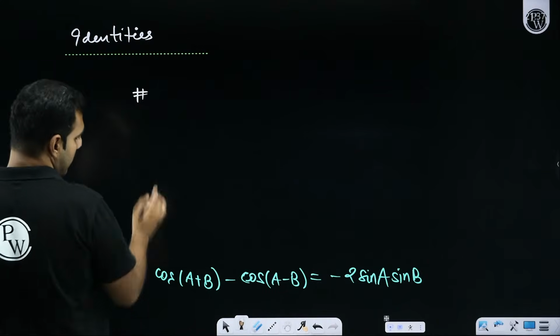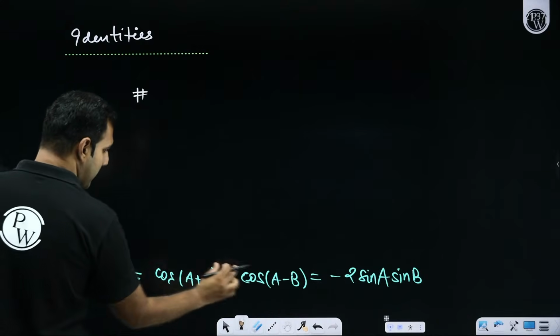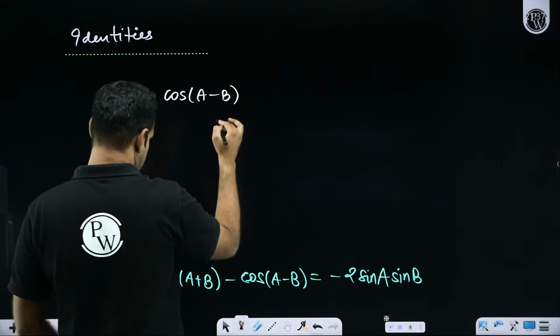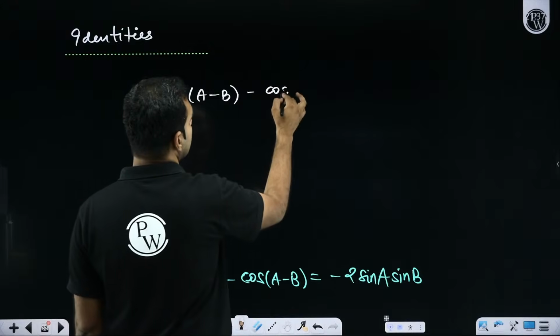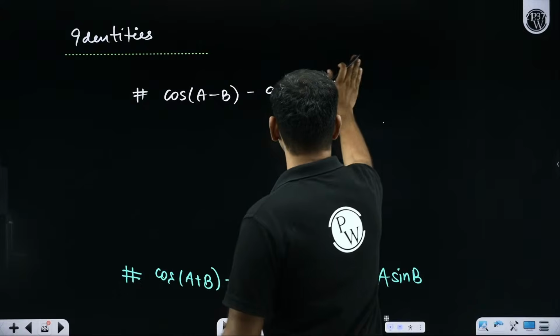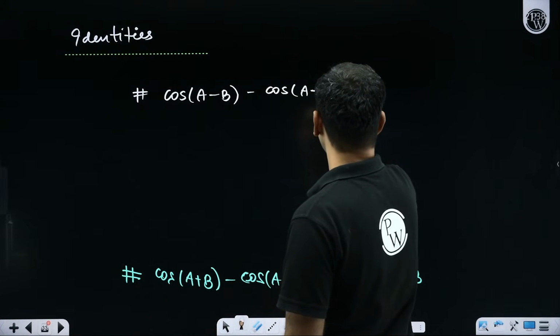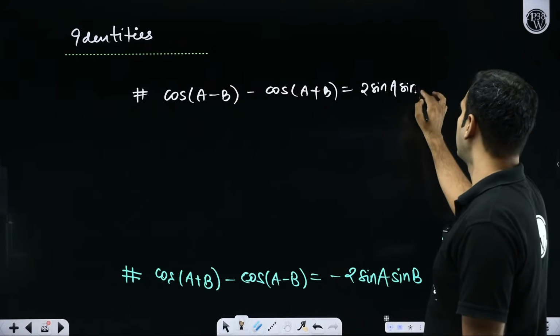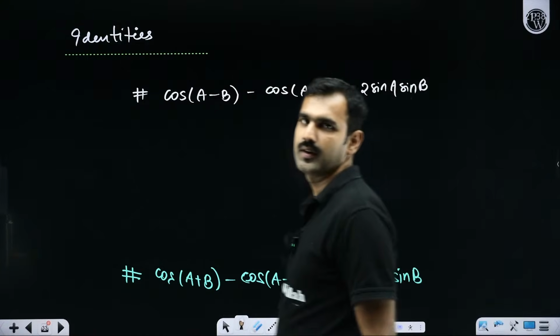The other way could be, if that minus is brought here, this becomes minus, this becomes plus. So in that case, it will become cos(A-B) minus cos(A+B) is equal to 2 sin A sin B. Everybody got this?